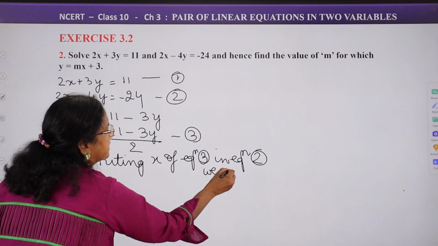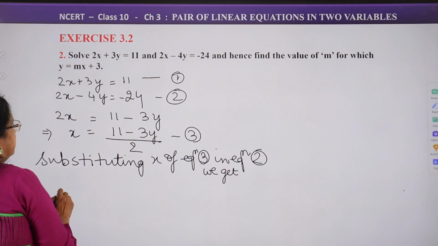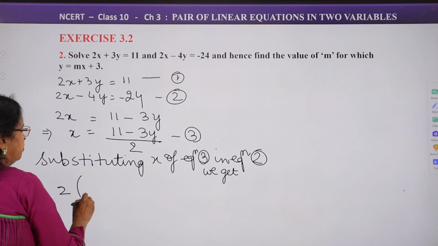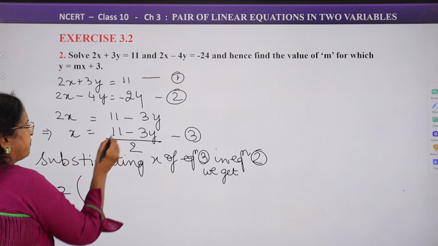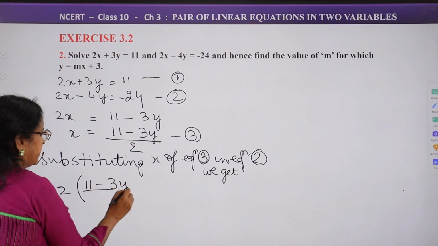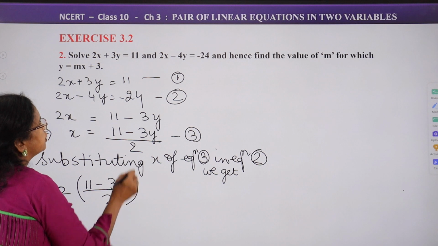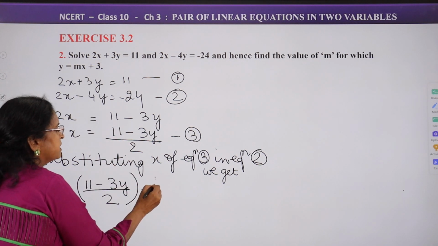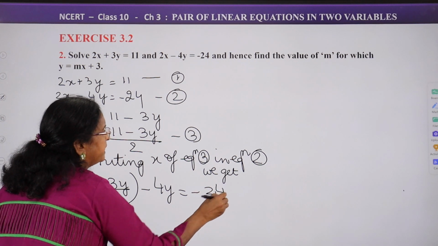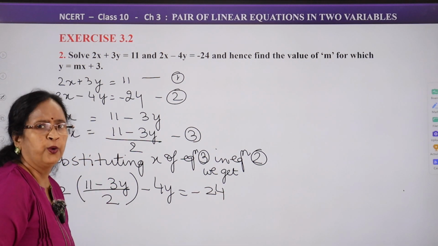We get 2x, 2 bracket, in place of x, I will write 11 minus 3y whole by 2, minus 4y is equal to minus 24.